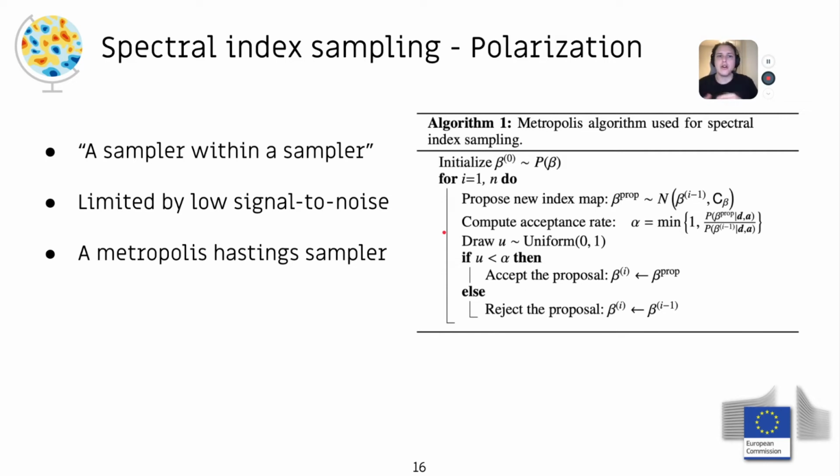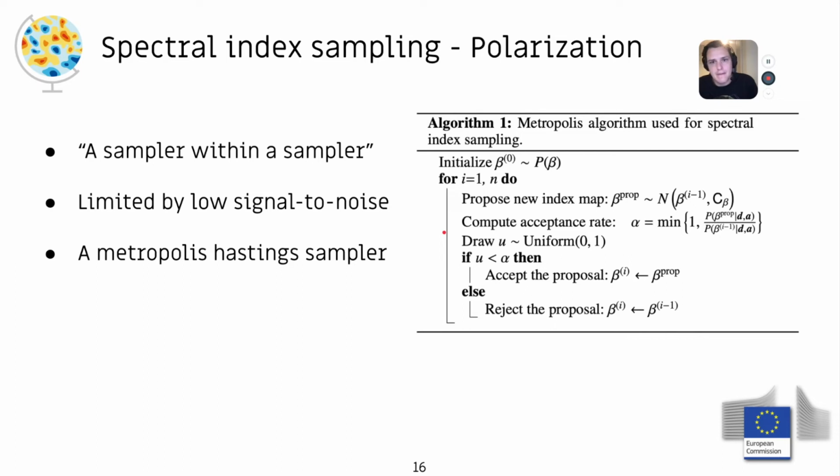And this makes it sort of a sampler within a sampler, because for each spectral index Gibbs step, we also do several Metropolis Hastings steps. So as we've seen previously, there's several different conditional distributions that we want to draw in, and we want to sample the gain, and we want to sample all of these noise properties and whatever. But within the spectral index sampling step, we have a lot of Metropolis Hastings steps.